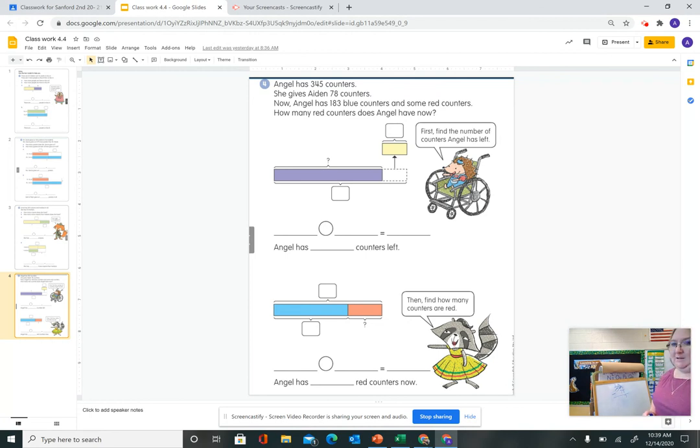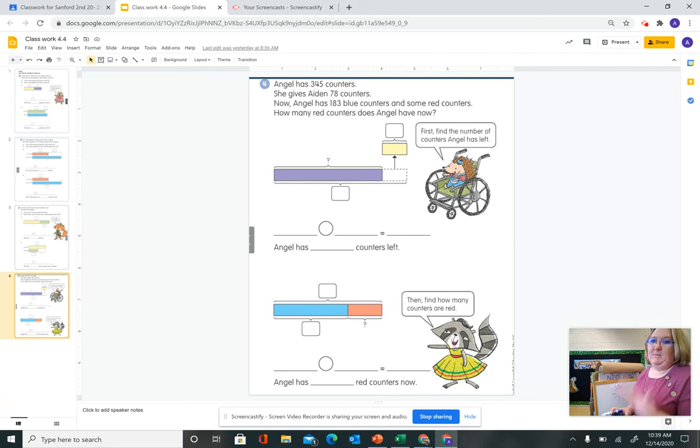So 13 minus 7, again, I can count up from 7 to get to 13. So 7, 8, 9, 10, 11, 12, 13. That number is 6. 6 plus 7 equals 13, or 13 minus 7 equals 6. 2 I would bring down, right? So 2 minus 0 would equal 2. So I know that Angel has 267 counters left.